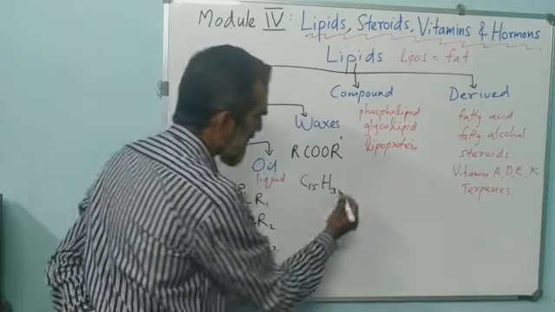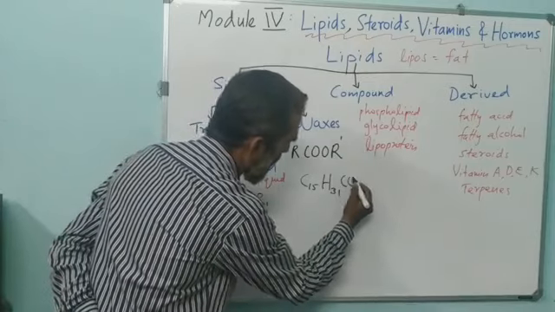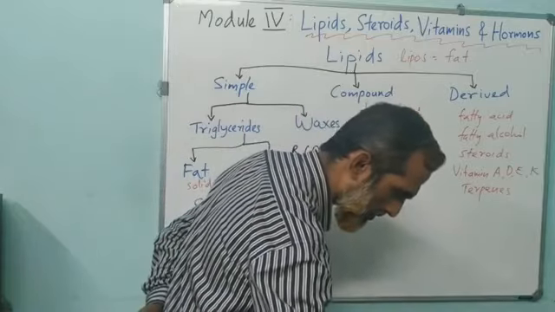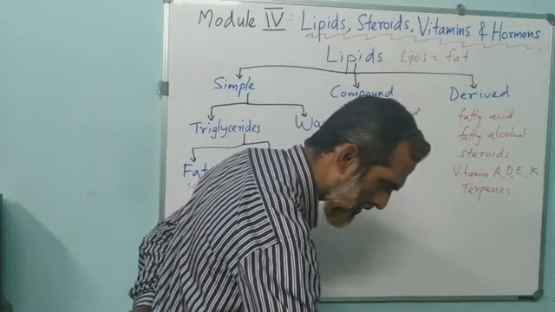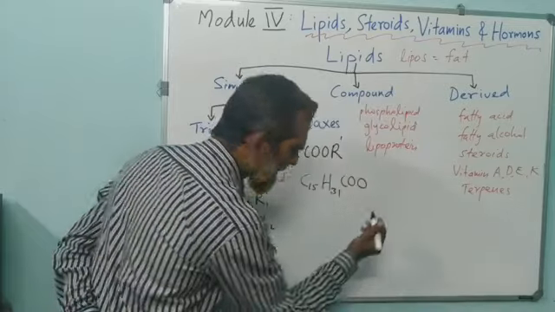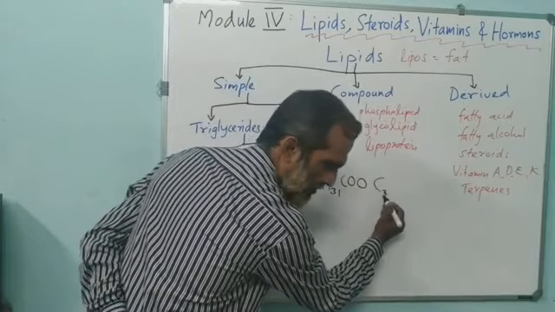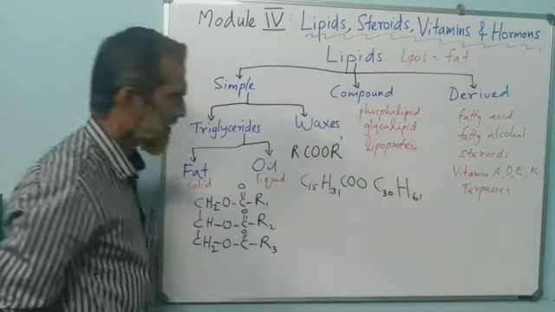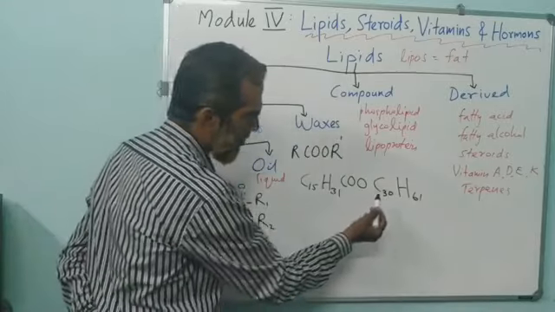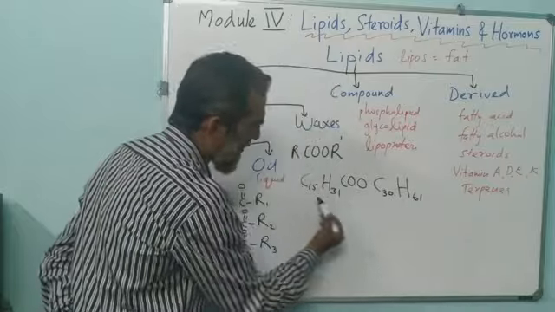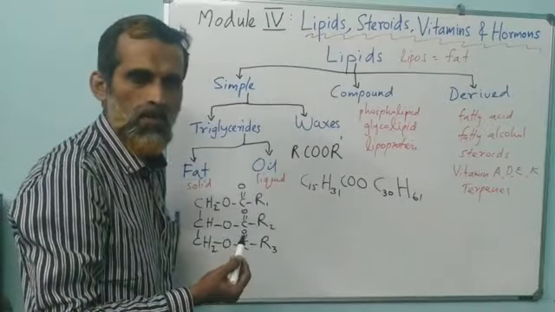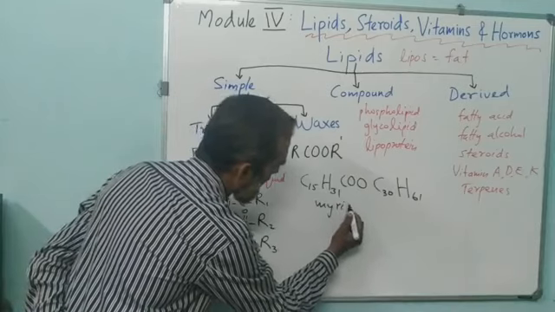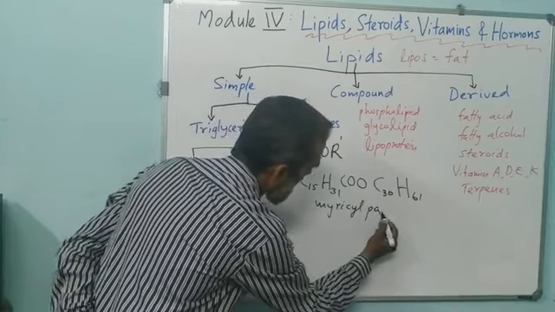Putting an example for wax, for example, we can say myricyl palmitate, that is C15H31COO, C30H61. So this is called myricyl. This is palmitic acid, one of the fatty acids. So this is called myricyl palmitate.